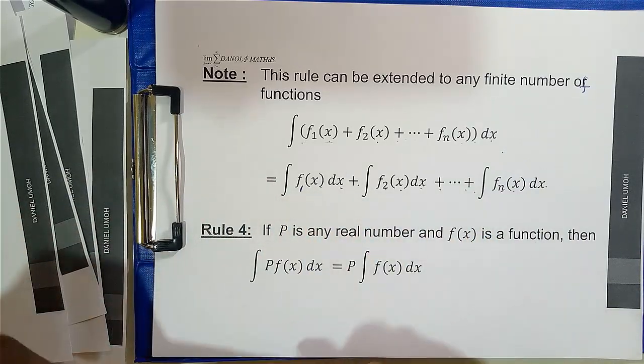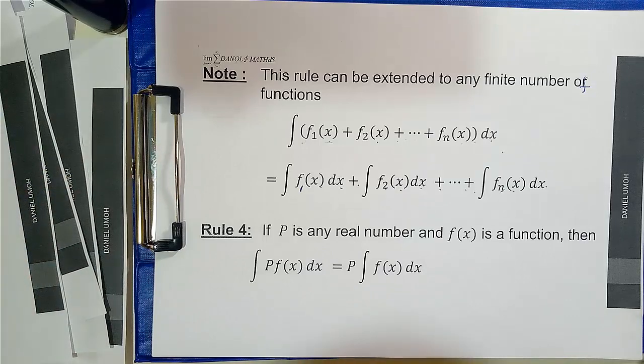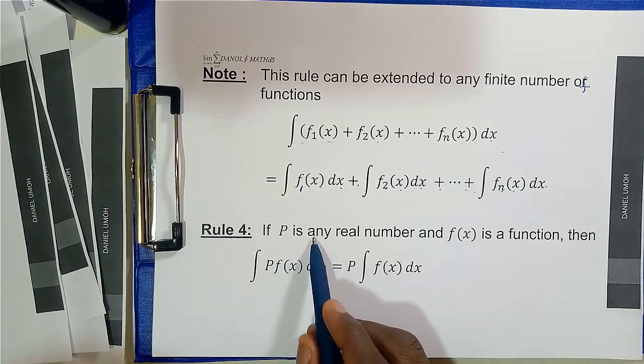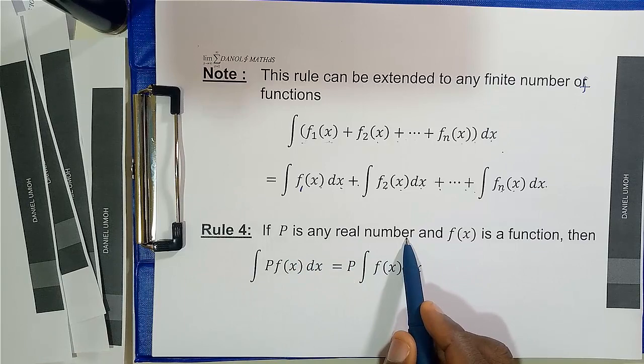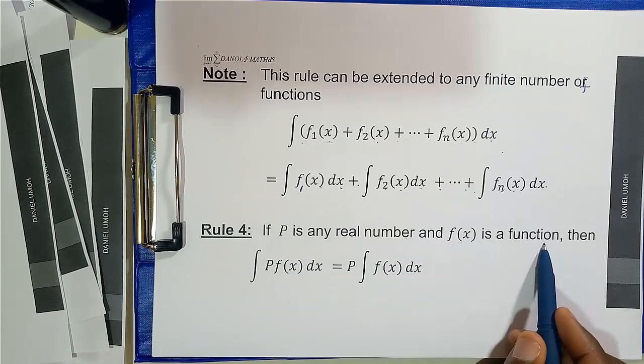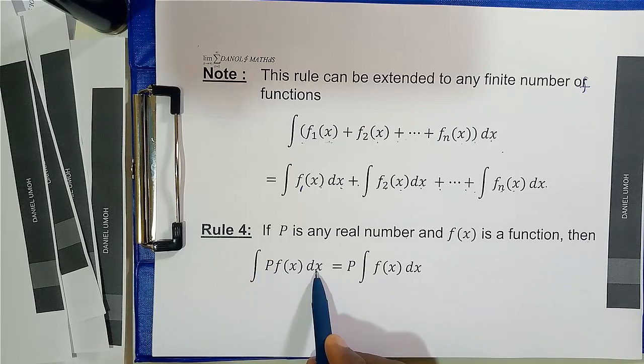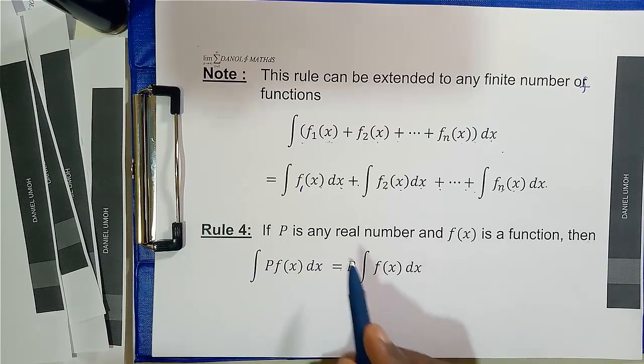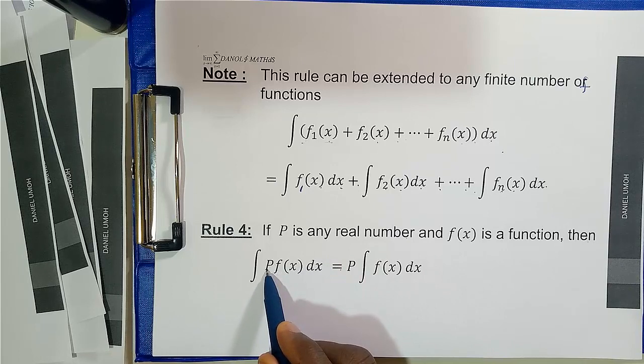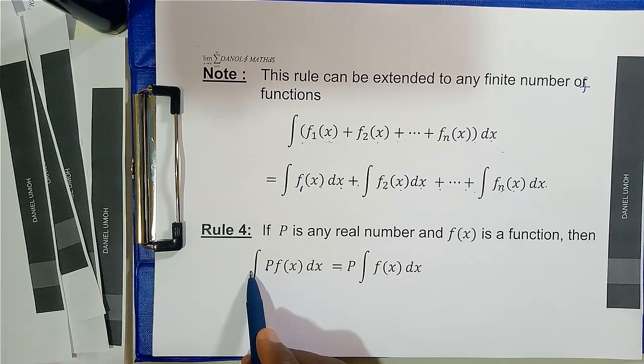Rule 4, a very important rule too. It says that if p is any real number and f of x is a function, then the integral of p f of x dx is equal to, remember this is a real number, so it's a constant. You can always bring it out of the integral sign and then integrate the function.